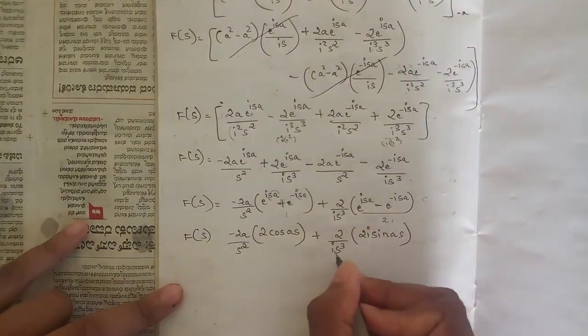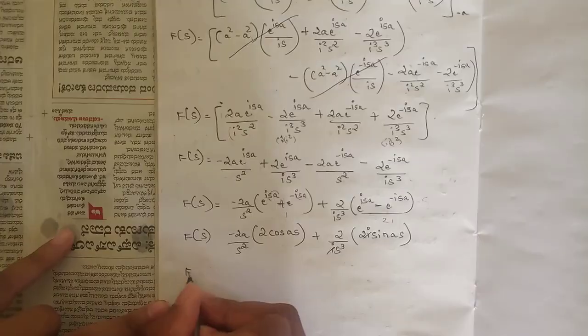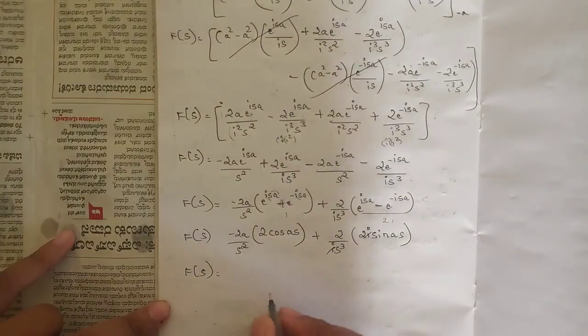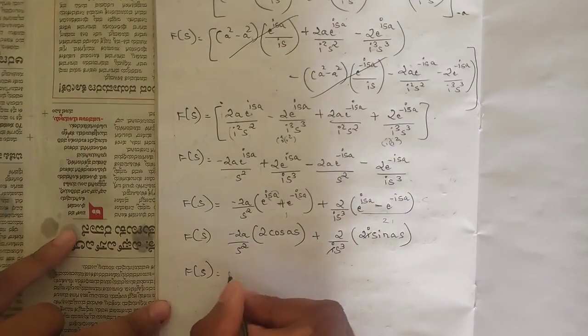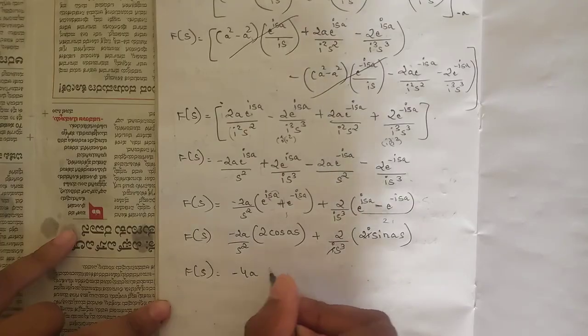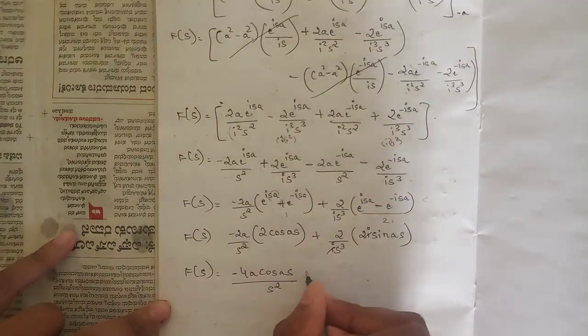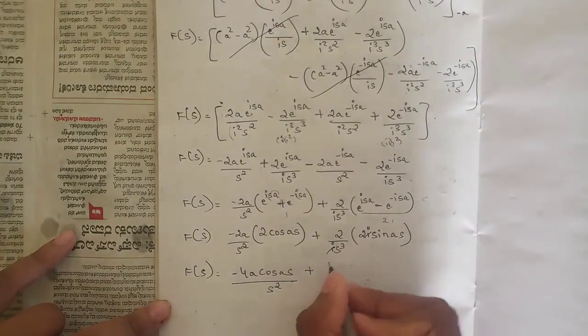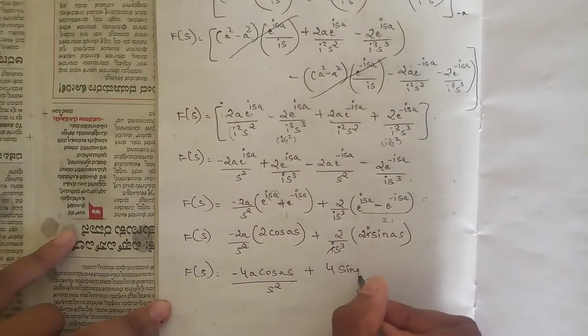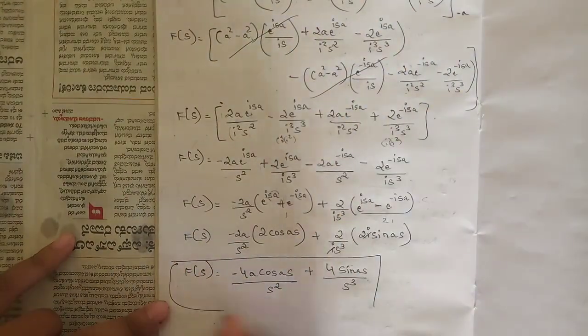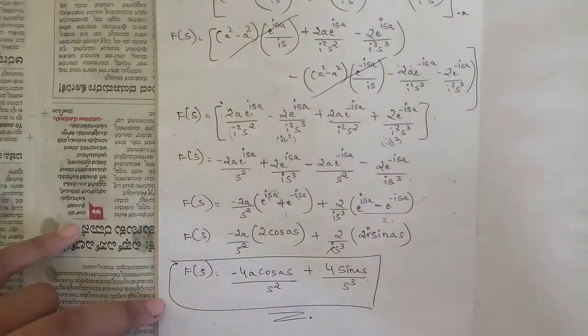So here we can cancel this i, and the remaining terms are 2 into 2 is 4, minus 4a cos as by s square plus 2 into 2 is again 4 sine as by s cube. This is your required final answer for this solution.